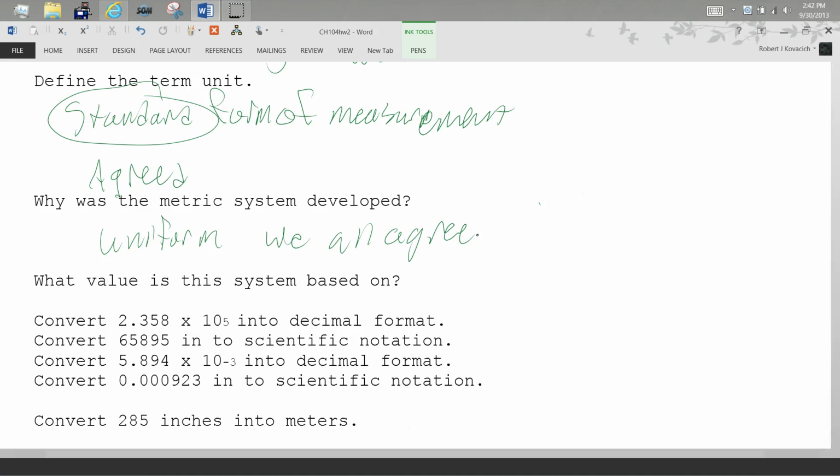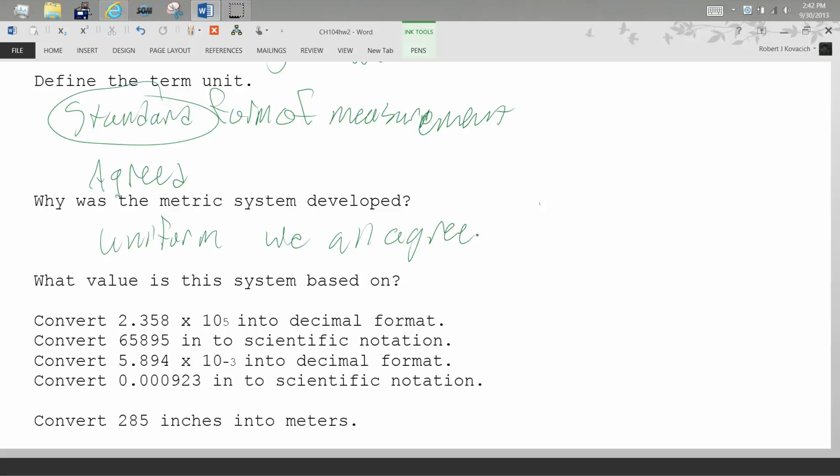Does anybody know of any instance where the fact that Americans still use the English system and the rest of the world uses the metric system has been a problem? There was a big mishap that happened because of that. It was many millions of dollars wasted because somebody made a calculation in the English system and somebody thought the calculation was done in the metric system.